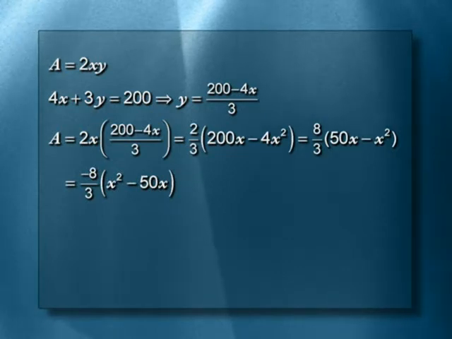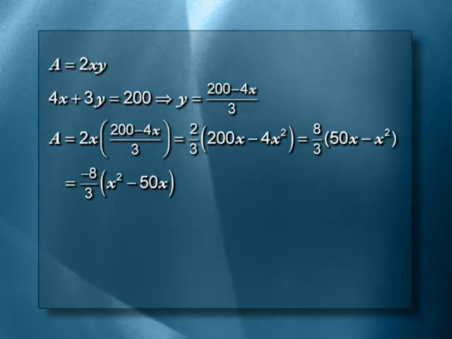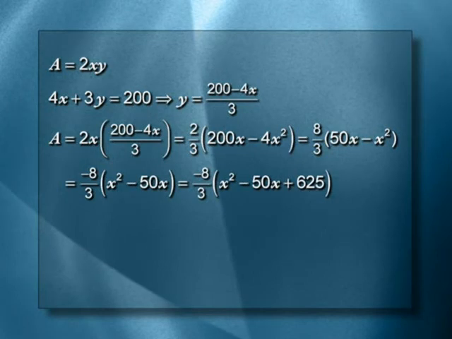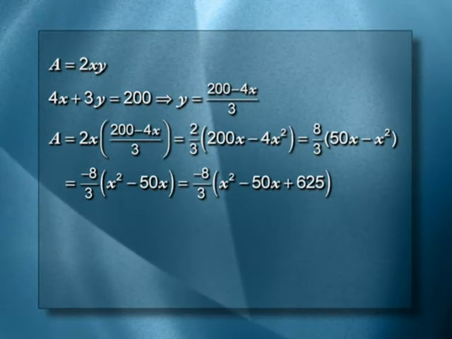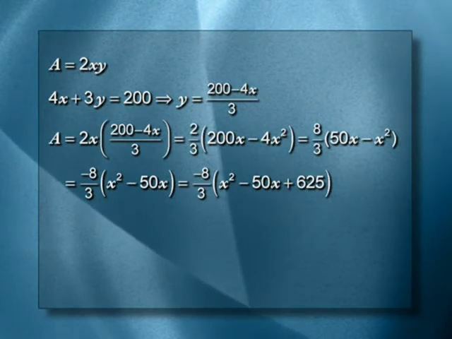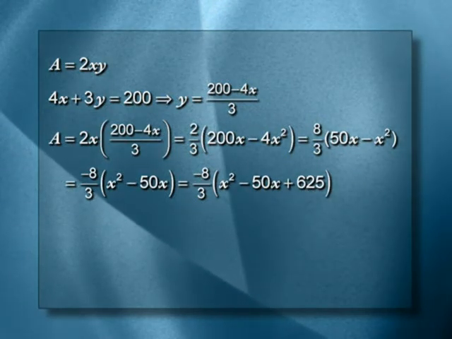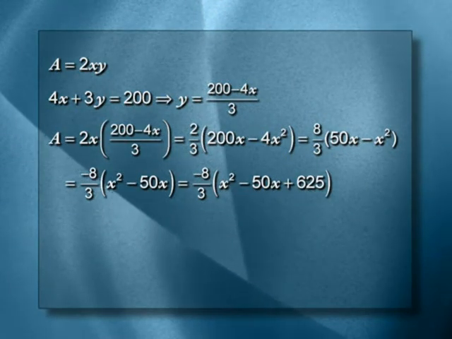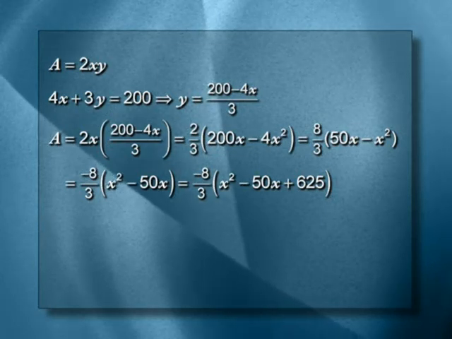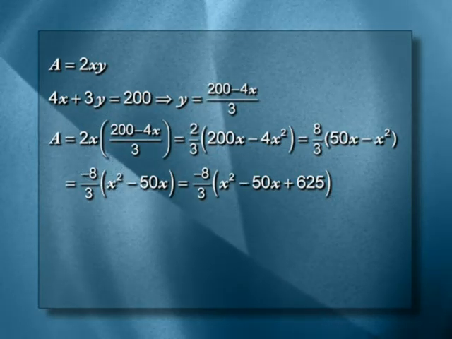What's the rule? The rule is you take the b term, the middle term, minus 50, divided by 2, and square it. So I'll have to add 625. So now I have minus 8/3 times x squared minus 50x plus 625. Well, now wait. I've changed the problem. I've added 625. Well, I didn't really add 625. I added 625 times minus 8/3, didn't I?